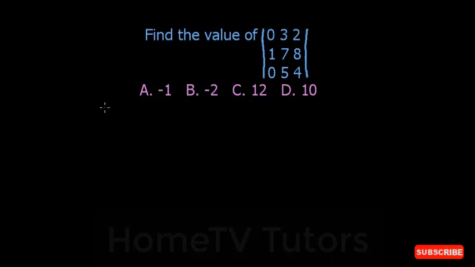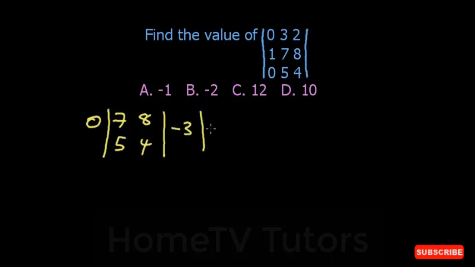Okay, so we start. 0 times 7, 8, 5, 4. Then the second number is going to be a negative number, so minus 3 times 1, 0, 8, 4.